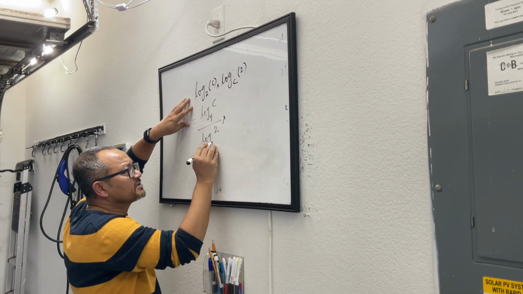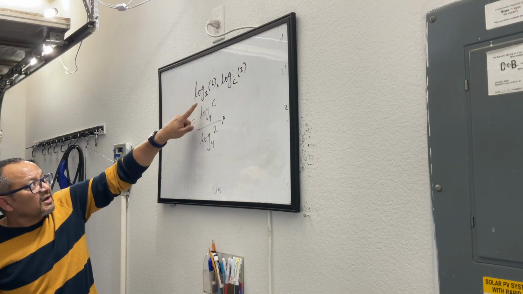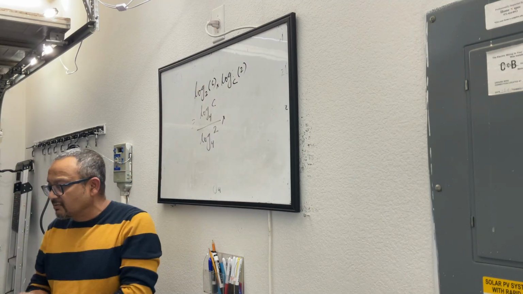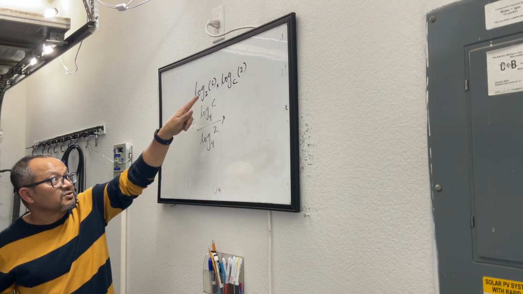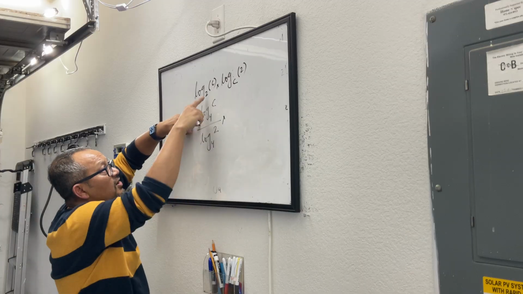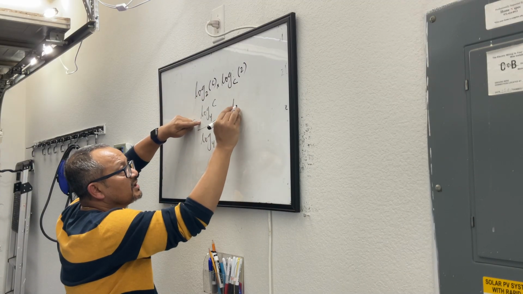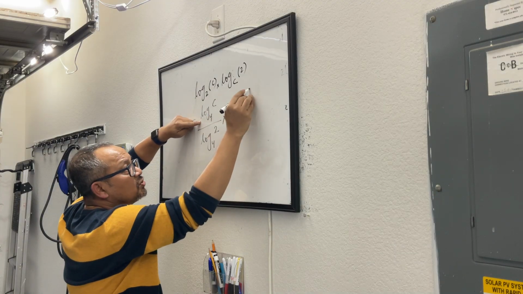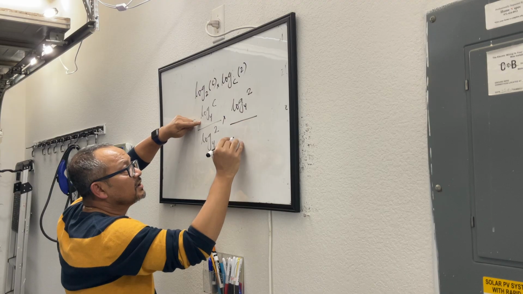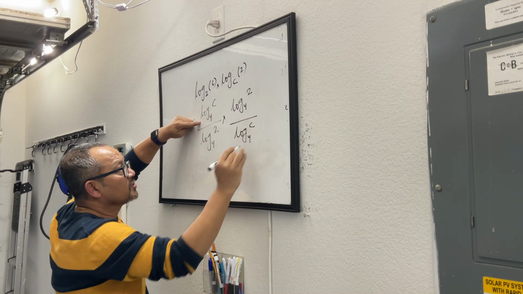I'm just trying to be a little creative here. I'm picking a number which comes with the power of 2, because I see 2, right? So I'm picking a number which can be converted into power of 2. So log of c base 4 divided by log of 2 base 4. And this one again I'll pick the same base, log of 2 base 4 divided by log of c base 4.